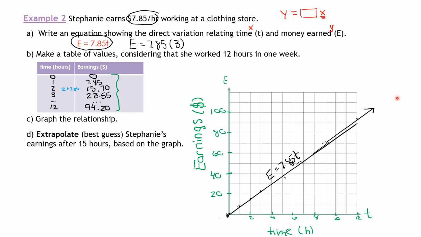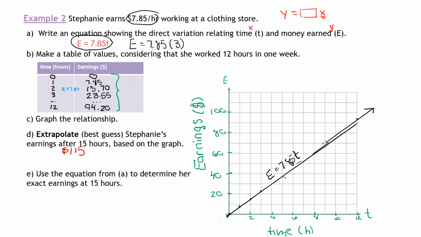It's about trying to guess, based on the information you have, what you think her earnings would be. So I'm going to say maybe at 15 hours, 100 and, I don't think it's 120, maybe it's like 115 or something. So I'm going to guess that at 15 hours, she'd be making about 115. This is my guess based on my graph.